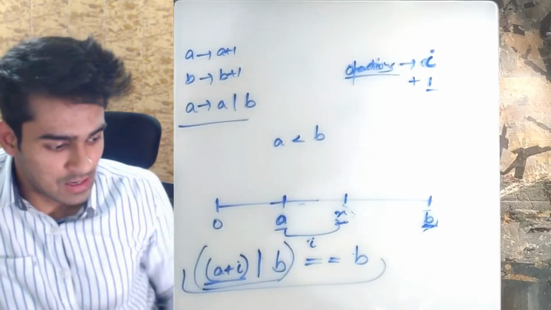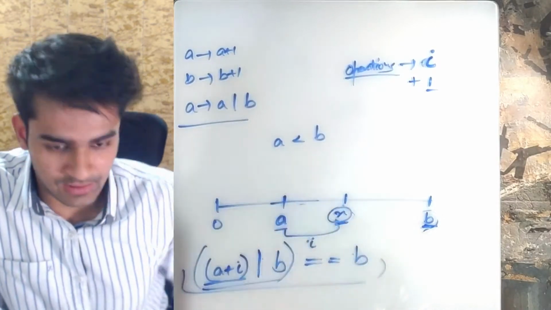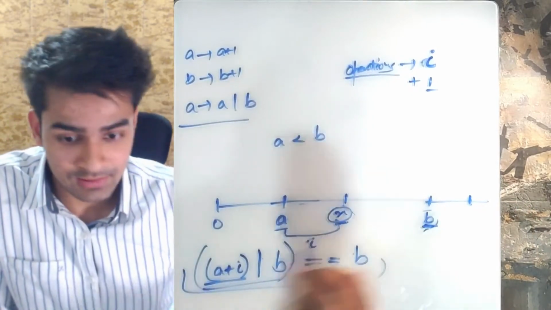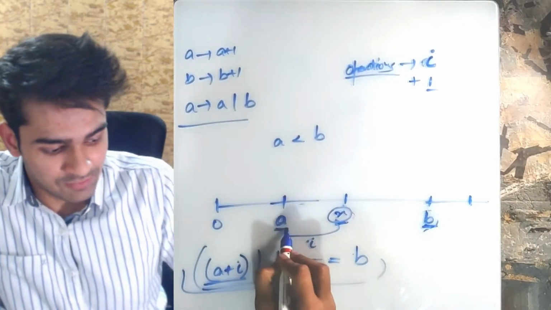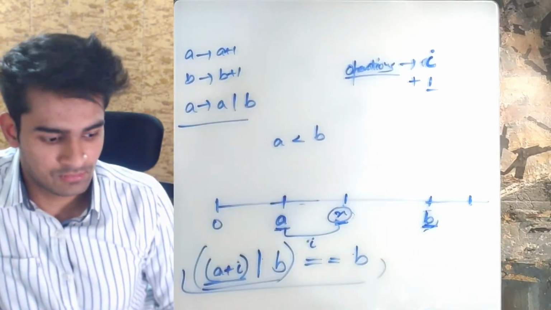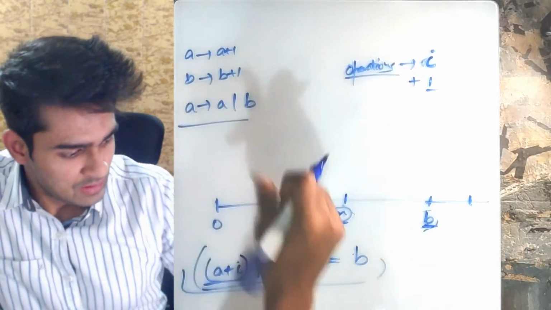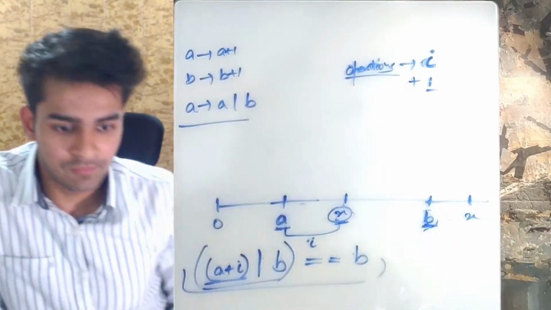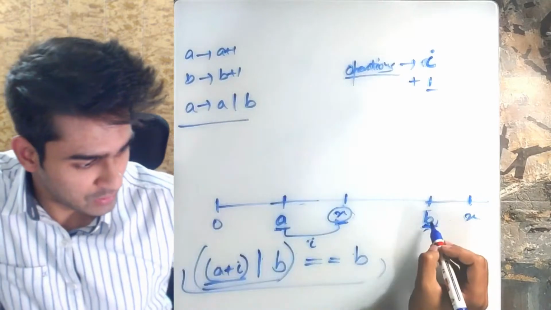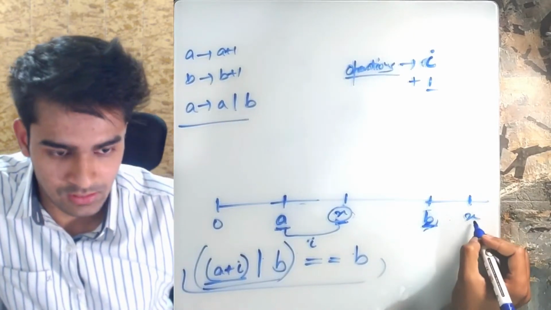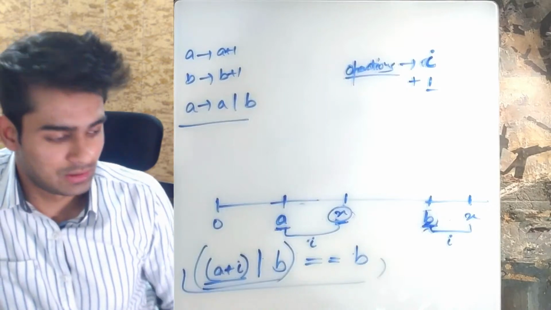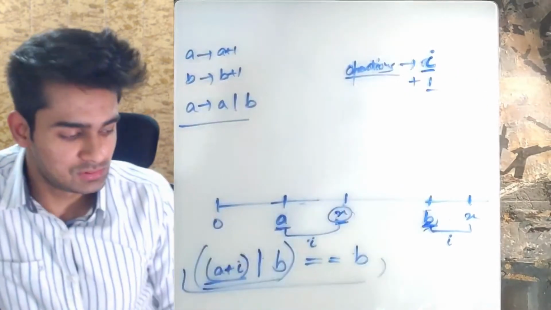This is one case. The other case is, what if this x is actually after this b? That means I had to add some values in b instead of adding some values in a. If my x was somewhere here, I first had to increment my b to x. Let's say I incremented I values.